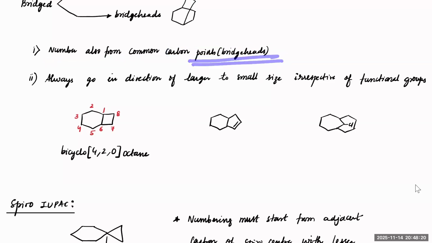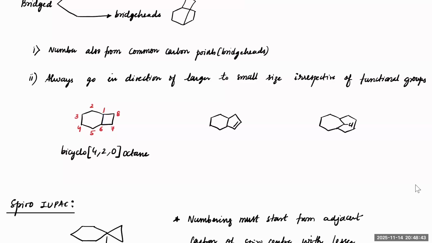You should always start numbering from the common carbon points, which means this one, the bridge positions. So these are the common carbon positions. The numbering should always start from here, irrespective of whatever functional group you have. Agreed?